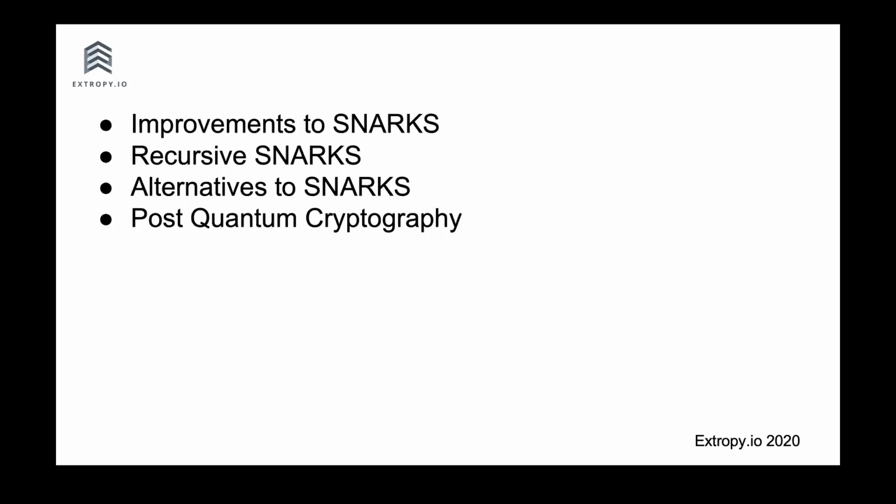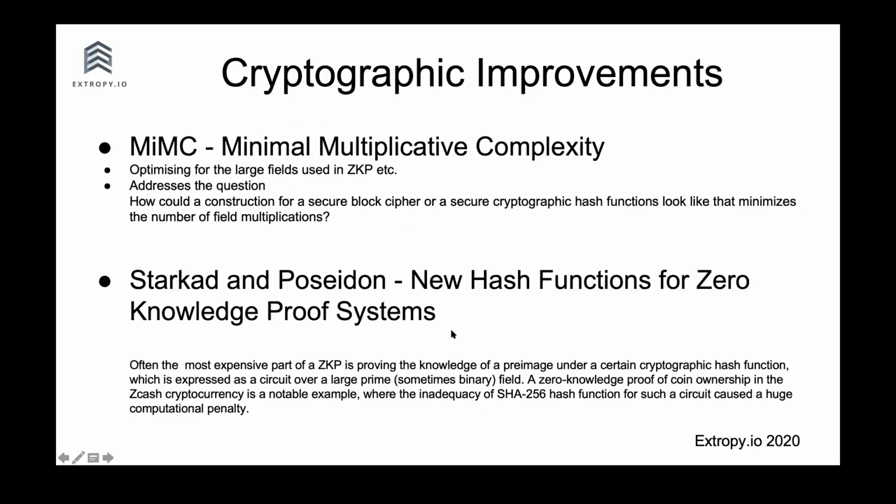So people are also trying to find zero-knowledge proof systems that will still be safe once quantum cryptography becomes more practical. I'll just go through this very quickly. People are making improvements to the cryptography behind SNARKs to make them faster, to make them more efficient.